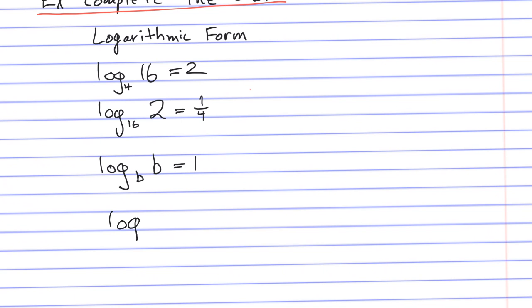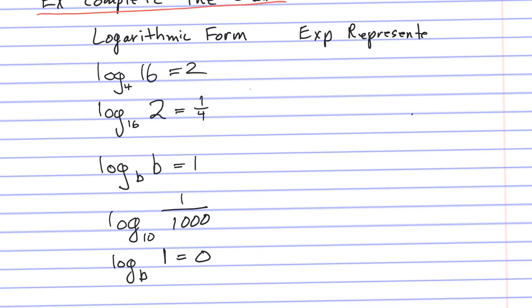So we're going to have the log of base 10 of 1 over 1,000 and log of base b equals 0. All right, so here is our logarithmic form table, and we're going to come up with the exponential representation of what we see.